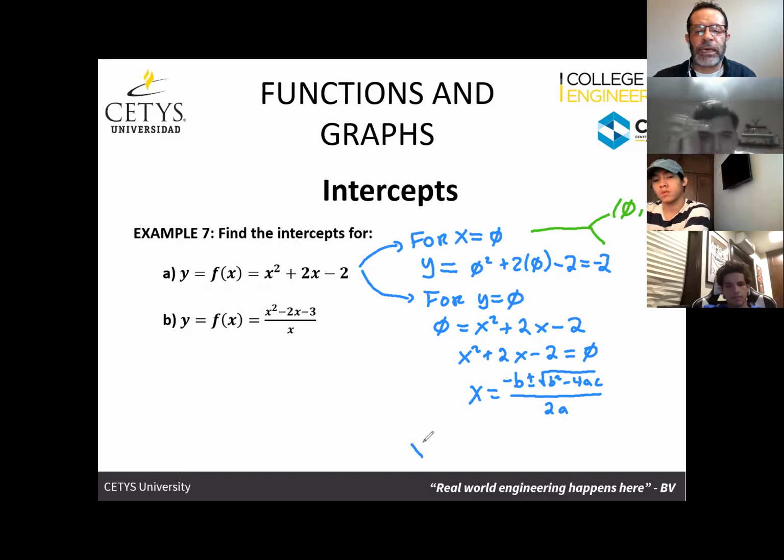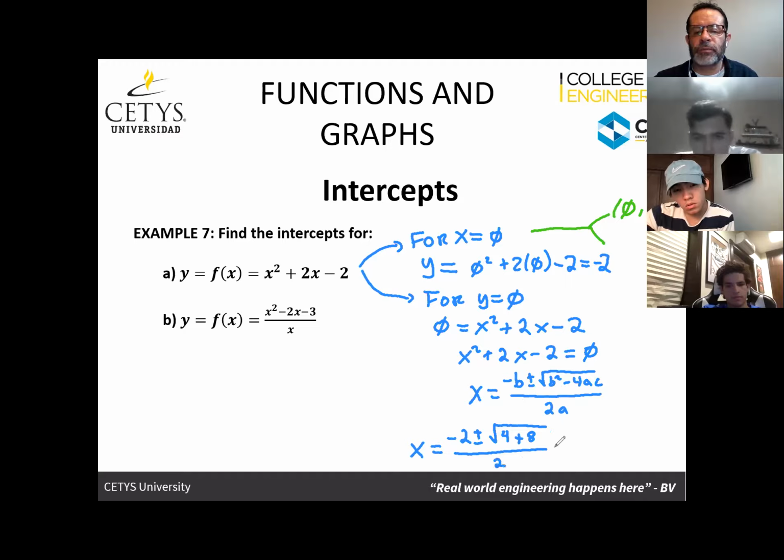This is going to be X equals minus 2 plus minus the square root of 4 minus 4 times 1 times minus 2, divided by 2 times 1, which is 2.